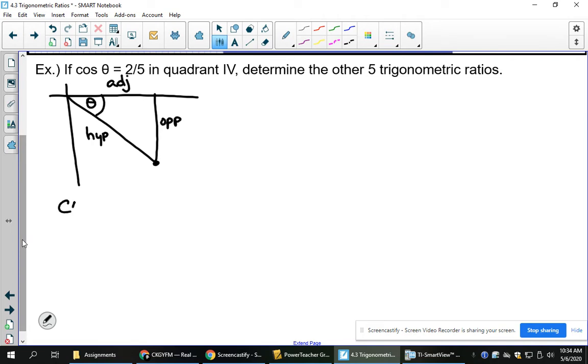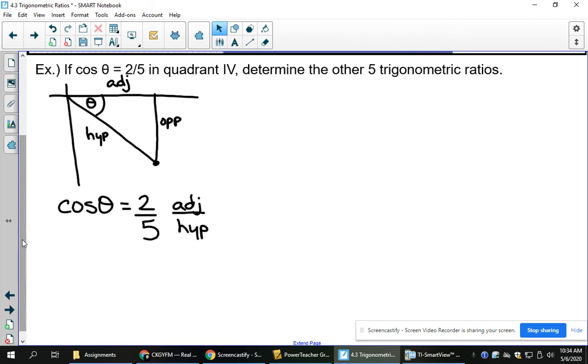So let's take a look at what the question told me. Cosine theta is 2 over 5. The question has told me in a roundabout way that my adjacent and hypotenuse sides are known. Remember that cosine is adjacent over hypotenuse. By telling me this, they've told me my adjacent side is 2 and my hypotenuse side is 5.